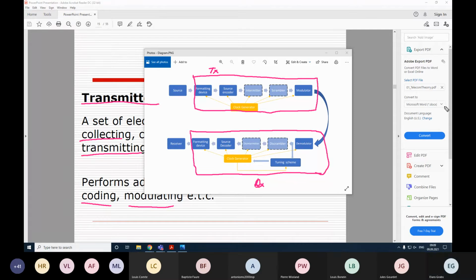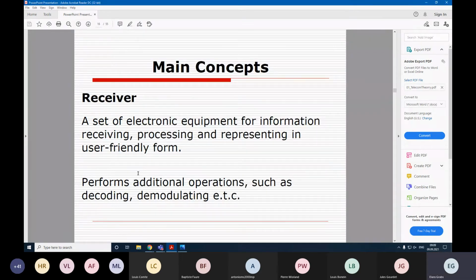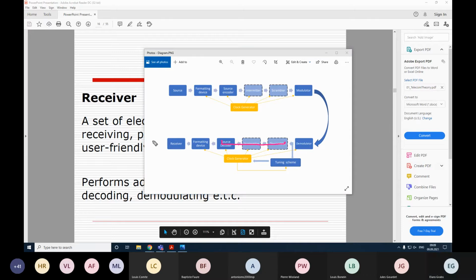These are a person or other devices. The receiver is also a set of electronic equipment which processes signals and information in some way and represents it in a user-friendly form. So we need this for the destination to actually understand what it receives.